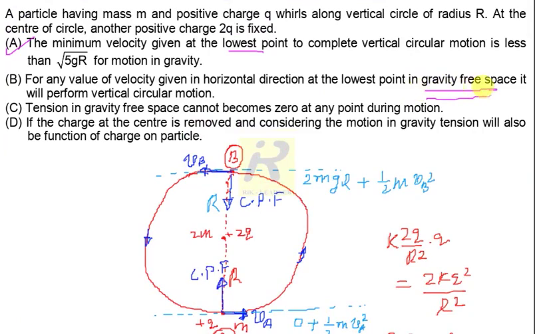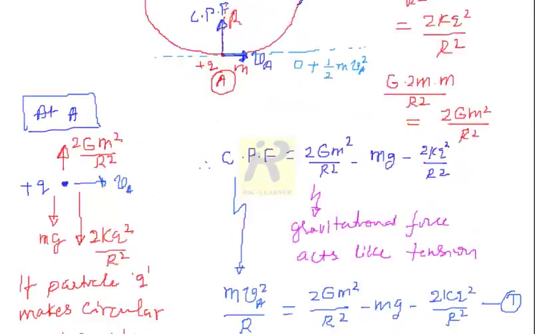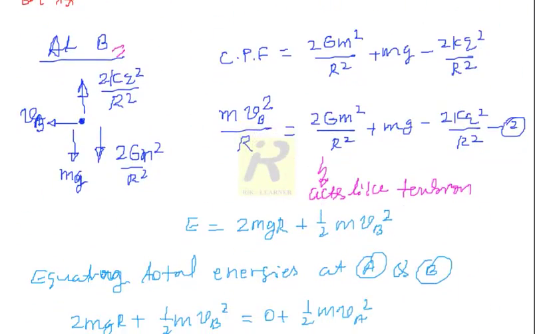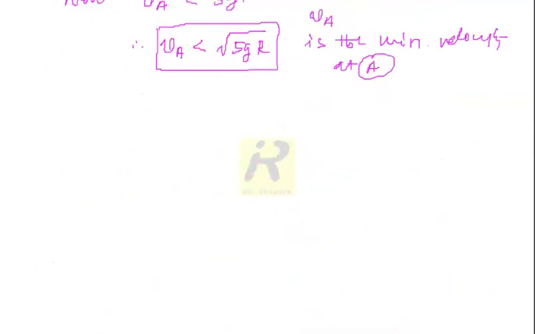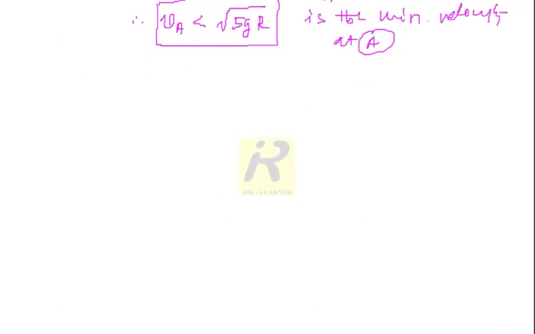It's most important, it is said it is in gravity free space. Well, what do we have to bother about? We have to now bother about equation 2. In equation 2, I simply assume there is no gravity, that means from the earth. So further, I assume one main thing.